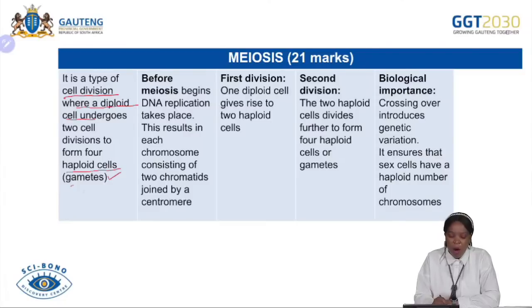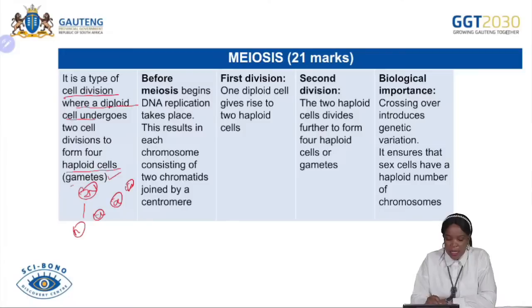How do we form them? One diploid cell, 2N. Remember, it's 2N. It's going to undergo 2 divisions to form 4 genetically different haploid gametes. We are forming gametes. Right.